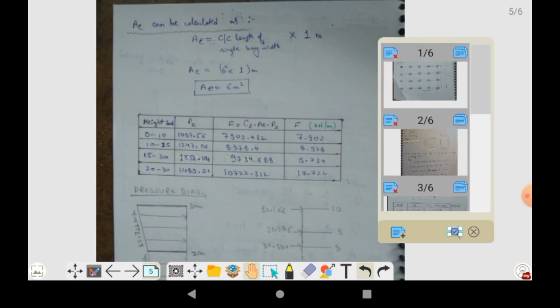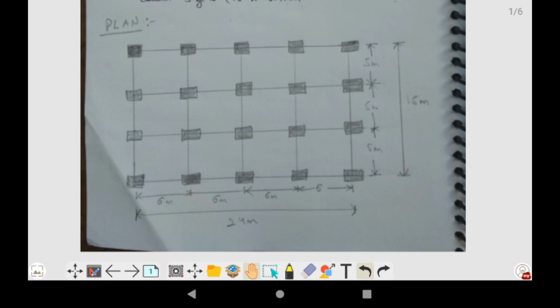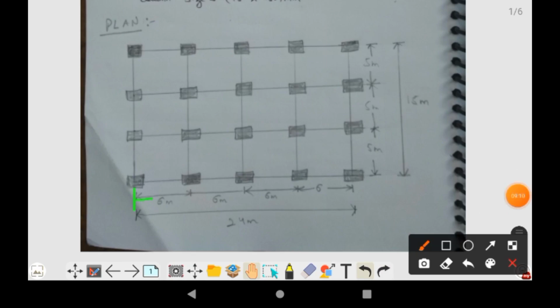In the given data you can see the bay width, which I have already told you, is the center to center length between two continuous columns. That is given to us, that is 6 meter.